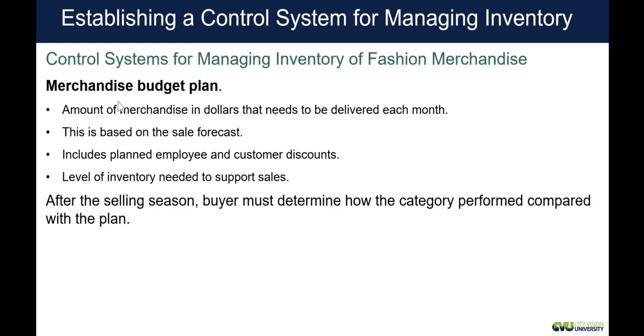Now, part of this control system includes a budget, because you're going to need money to buy your merchandise, right? So if you're in charge of buying, especially in fashion merchandise, you're going to have a budget, and you're going to be allowed to buy a certain amount of product every month. And that product is going to be based on your sales forecast, right?